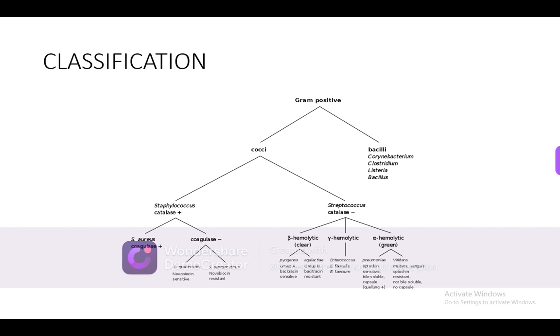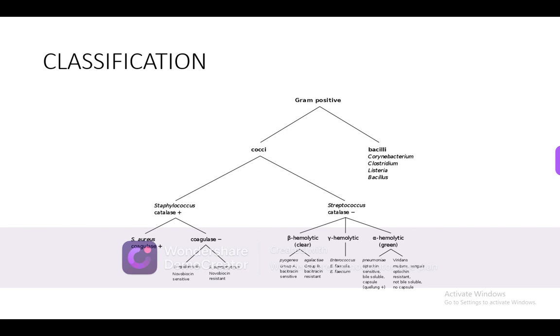Another important point which is here, you see, is whether they are catalase positive or catalase negative. First of all, an example of the gram-positive cocci: they are Staphylococcus and Streptococcus pneumoniae.